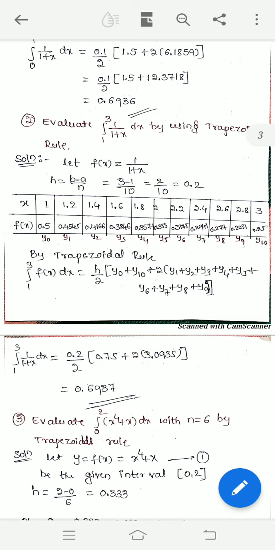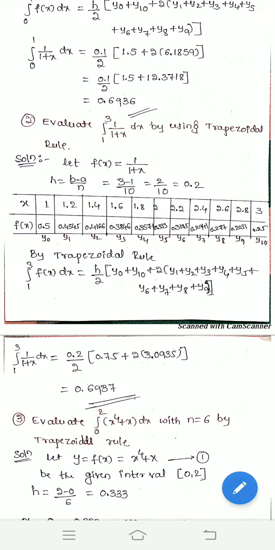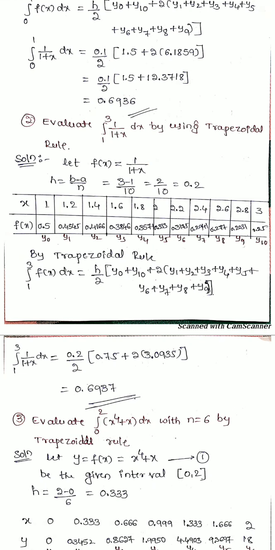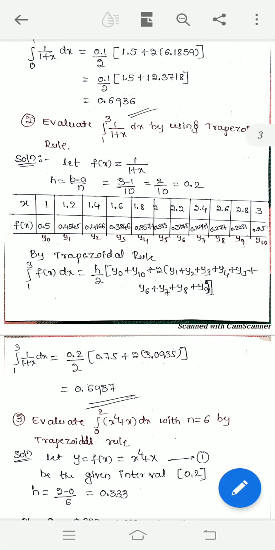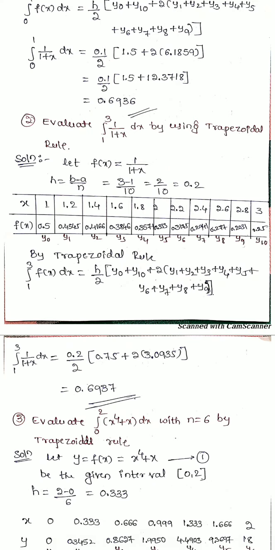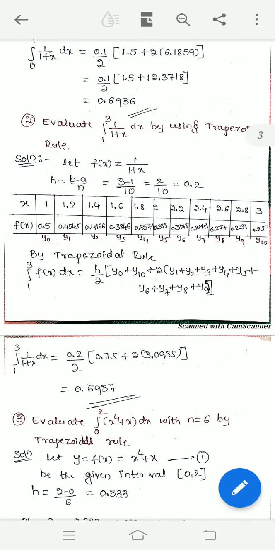The solution of this will be: here also we are going to divide the given interval, that is 1 and 3, into 10 equal sub-intervals. Therefore f of x is the function given here, 1 divided by 1 plus x. Here h is equal to b minus a divided by n, where b is 3 and a is 1, so 3 minus 1 divided by 10, that is 2 by 10, which is equal to 0.2, the step value. Therefore we can write the x values based on this h value.